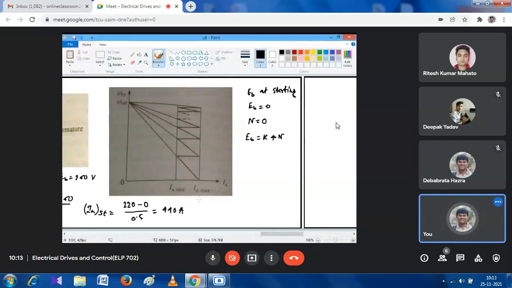So what will happen? If the current flowing through the armature is 440 instead of 40 ampere, what will happen?